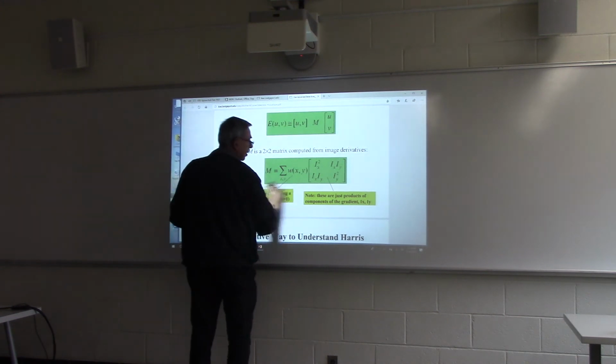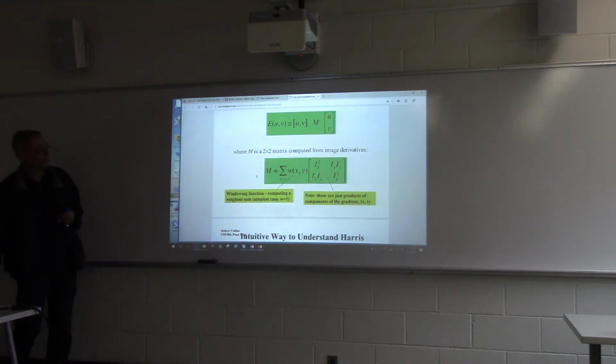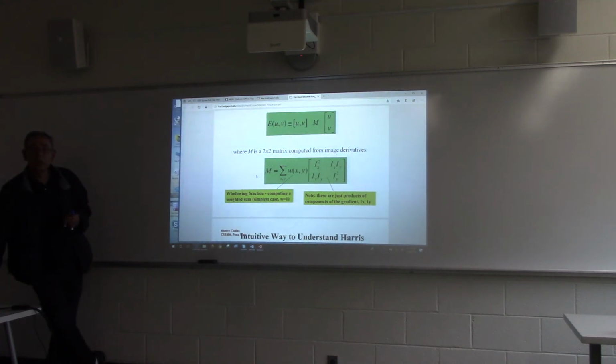Question: what if the eigenvalues are not real numbers? For images, usually, because we don't have any negative values over there and everything is positive, the eigenvalues come out to be real.